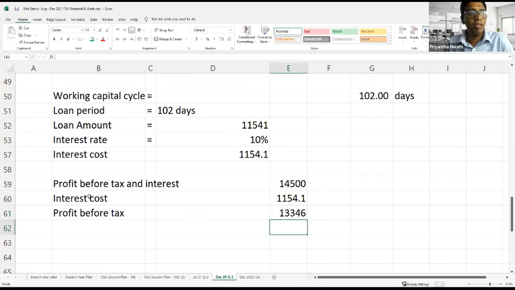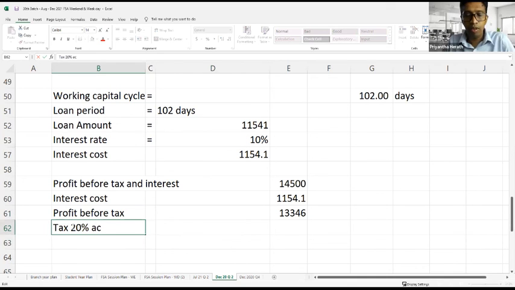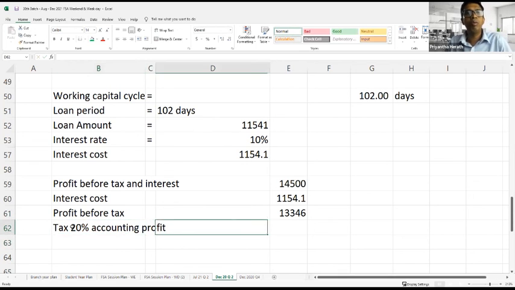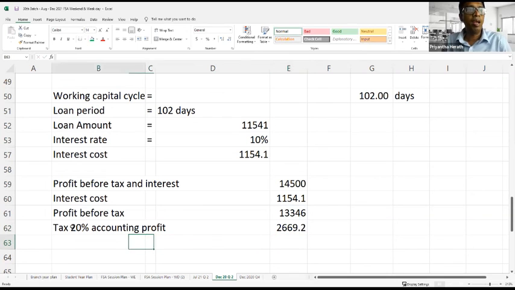This minus this. And tax, what's the rate? It is clear in the question: tax is 20% on accounting profits. So 20% of this is your tax, and then profit after tax.